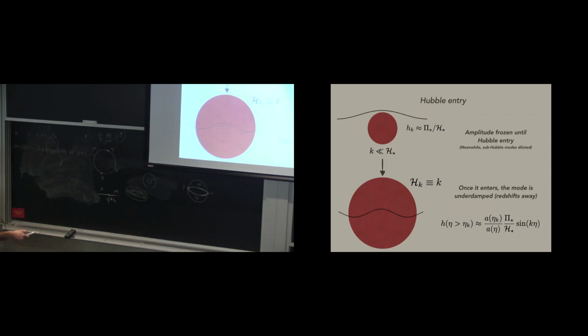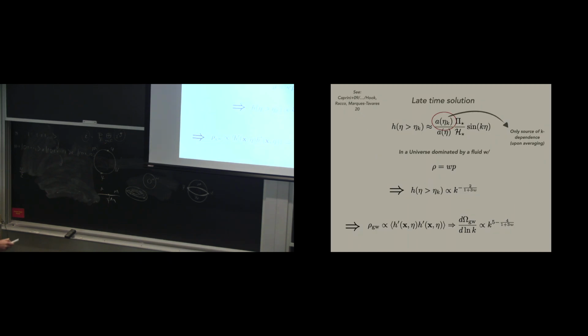So you get k dependence from the redshift factor here, because this a, the scale factor, is evaluated at a time that depends on k, of course. Then you have oscillations. These oscillations will go away once you average when you compute the energy density. So now you want to know the energy density. That's the solution roughly for h. All the k dependence is encoded in a.